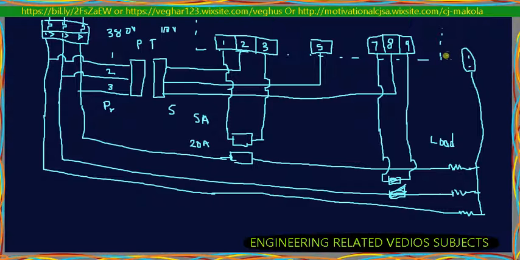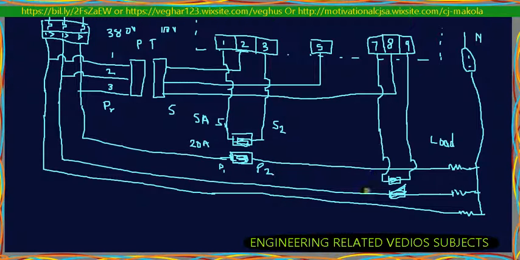It differs according to what you are using. This is a three-phase load, and to connect the load it must be balanced. Mostly you have to balance the load. This side is the primary side, and this is the secondary side, P1, P2.